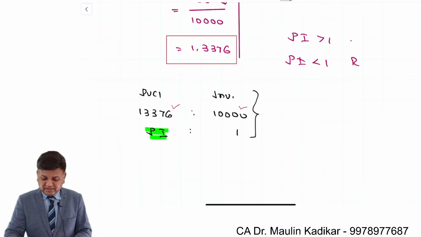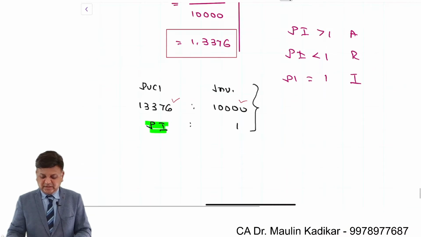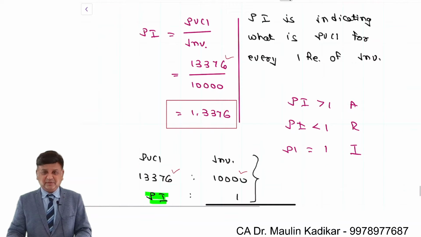If it is equal to 1, you are indifferent whether to accept the project or not, because whatever you receive is itself the amount of the investment you make. This is the decision making criteria of profitability index.